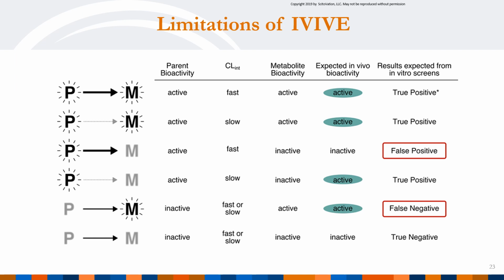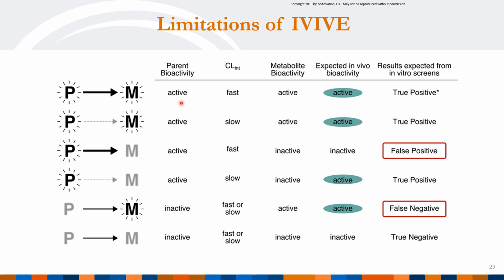I really like this figure that was made by one of my previous colleagues, Patrick McMillan. It represents the effects of in vitro assays that lack metabolism on the potential bioactivity of chemicals. When both parent and metabolites are active, the results expected from in vitro assays are true positive.